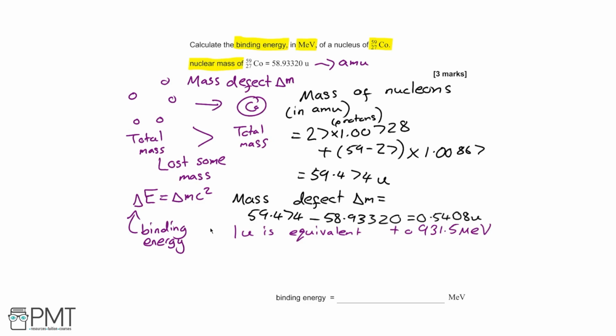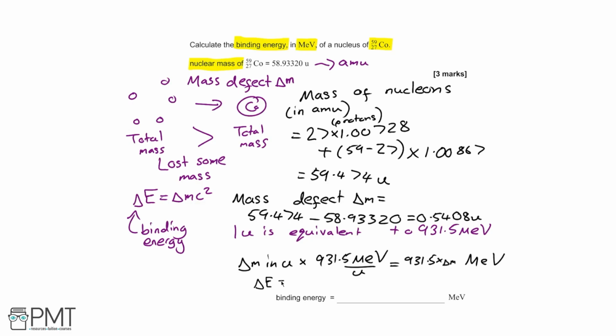Therefore, if we have the mass defect delta M, we can convert it to an energy delta E. To get our answer, we multiply delta M in U by 931.5 megaelectron volts per atomic mass unit. So this cancels out to give us 931.5 times delta M megaelectron volts.